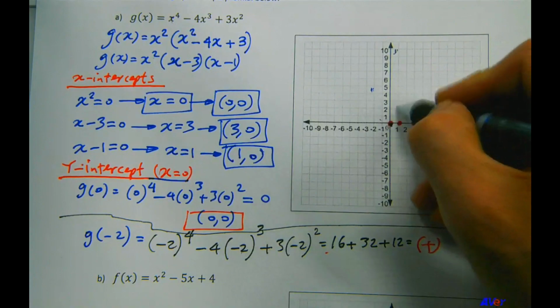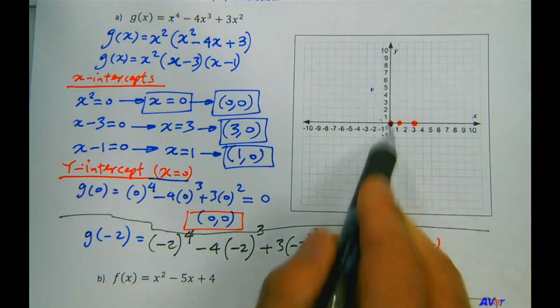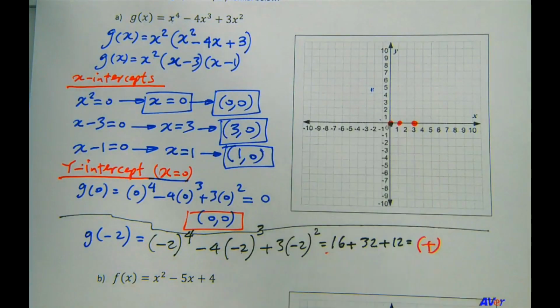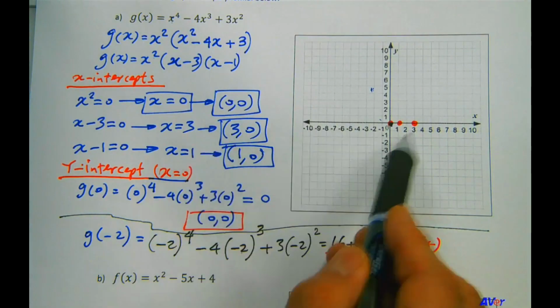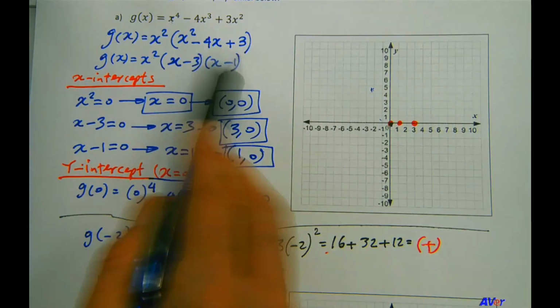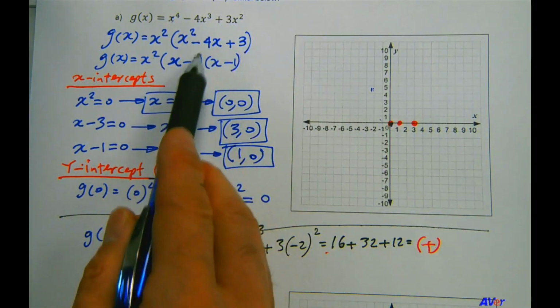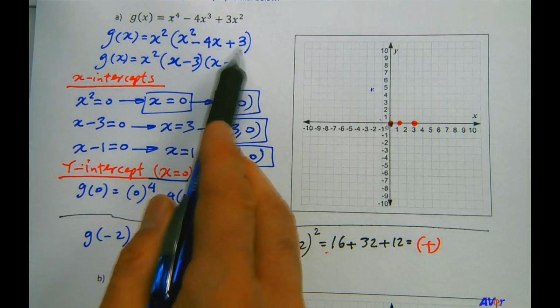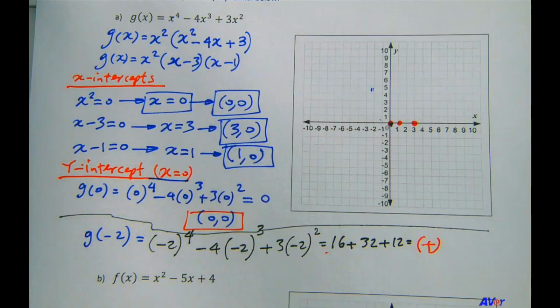It's going to come up and go back and go through these two points, crossing the x-axis. Why? Because those two zeros have odd multiplicity. Look at that. The power of x minus 3 is 1. The power of x minus 1 is 1, which is odd, right?